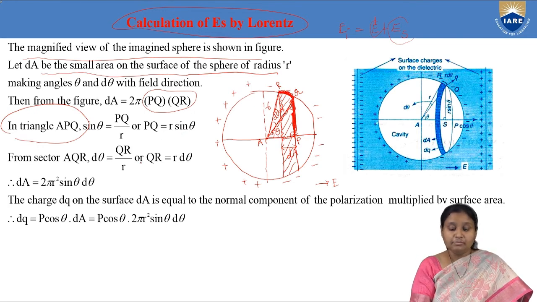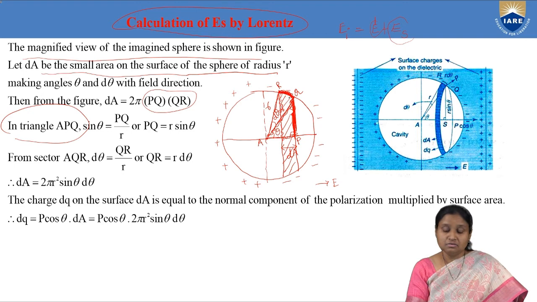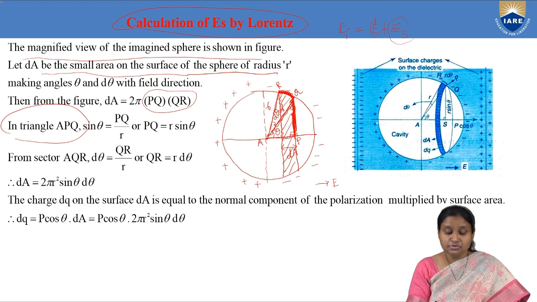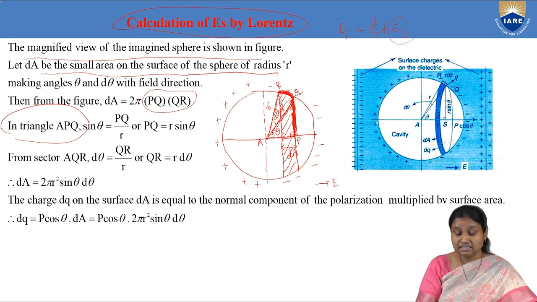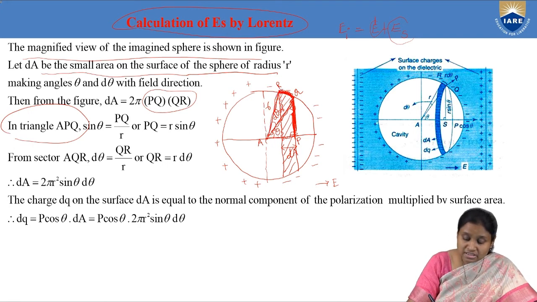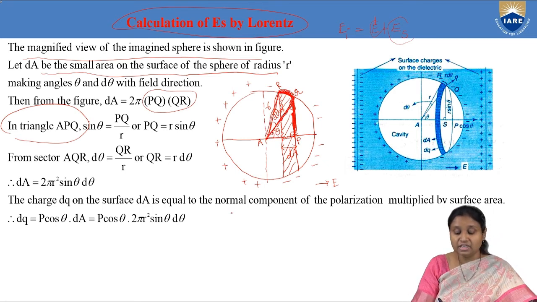Now because I am taking the entire sphere, I can take this as a sector. And this sector is making angle d theta. In order to find the arc length in this sector, we are talking about this sector AQR, which is making angle d theta with the field direction.